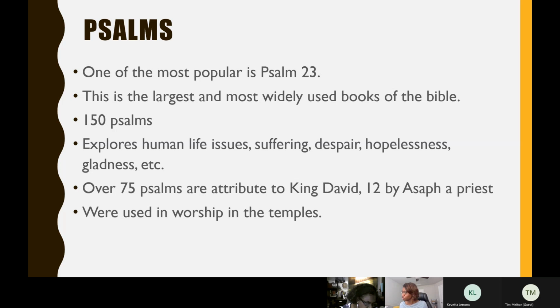And I want you, if you're there in the book of Psalms already, to just pick one and peruse over it and see what the theme is. A lot of the themes in the Psalms are just about people going through life stuff.